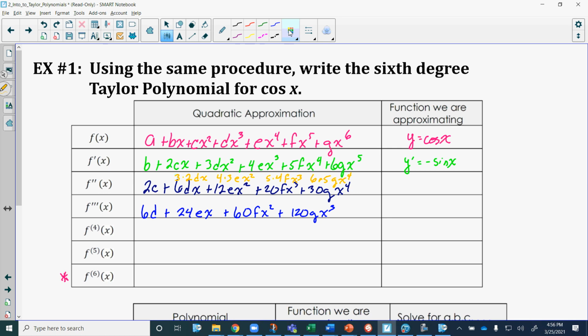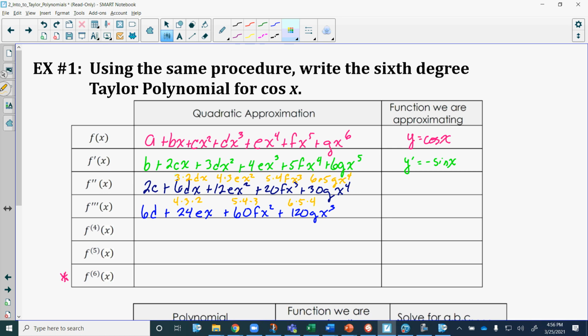So here, looking at the 24 ex, we could have written the 24 as 4 times 3 times 2. I could have written the 60 as 5 times 4 times 3. And I could have written the 120 as 6 times 5 times 4.